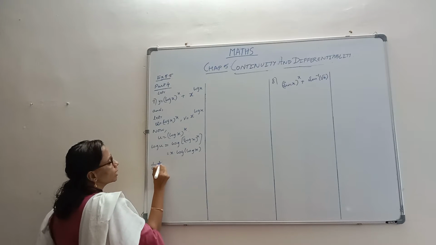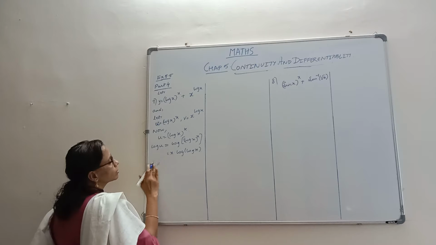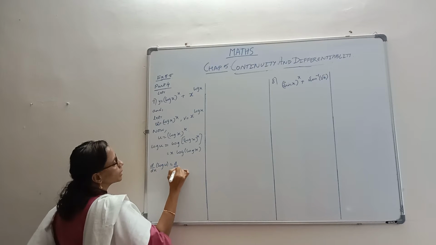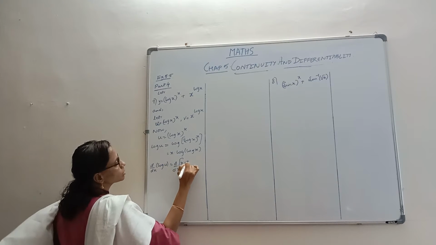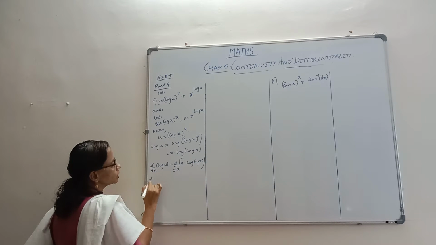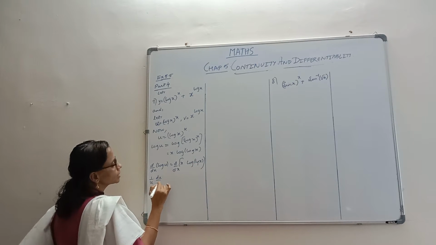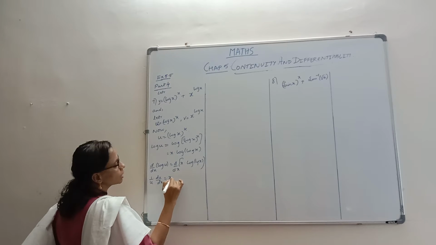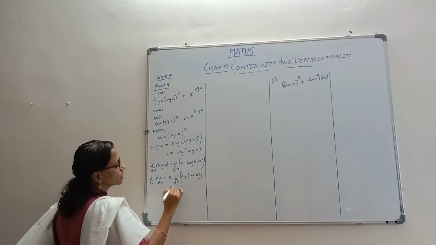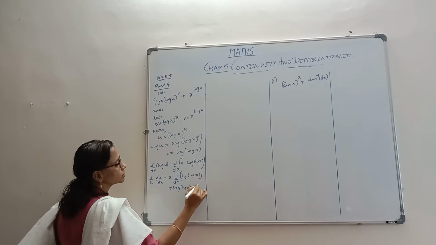So on this side you have d by dx of log u and d by dx of this function x into log x. Here we know it is 1 by u du by dx, and here because it's a product we have the first function as it is, derivative of the second function, and second function as it is, derivative of the first function.